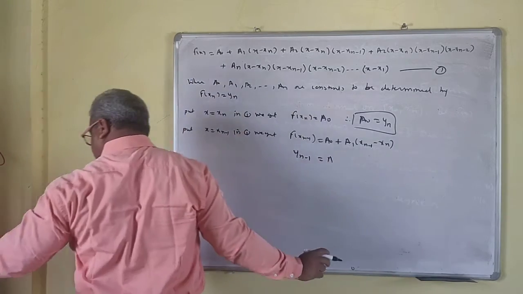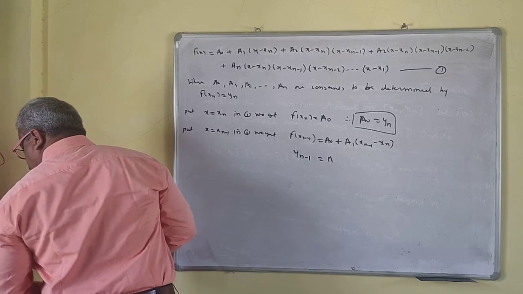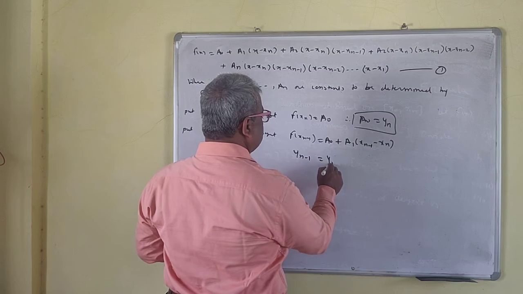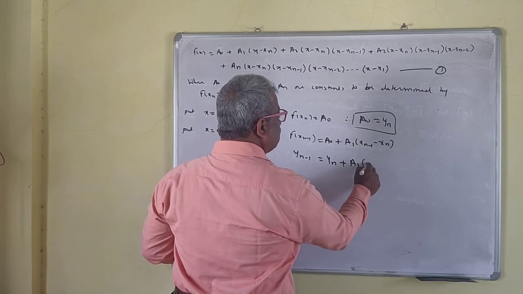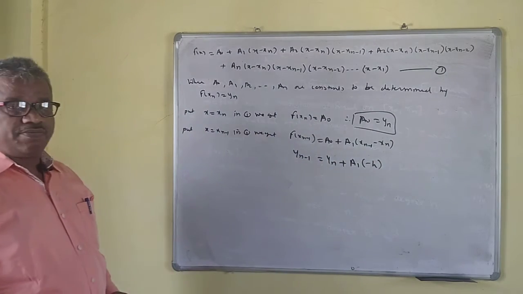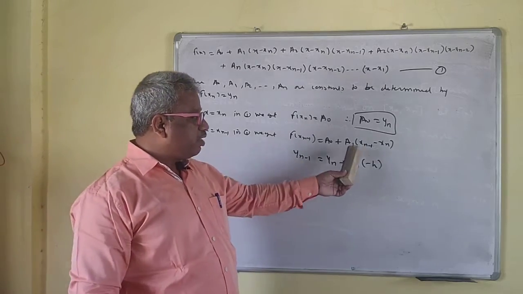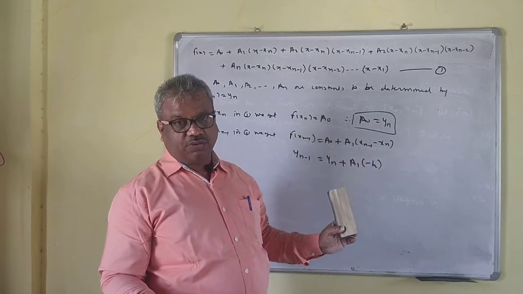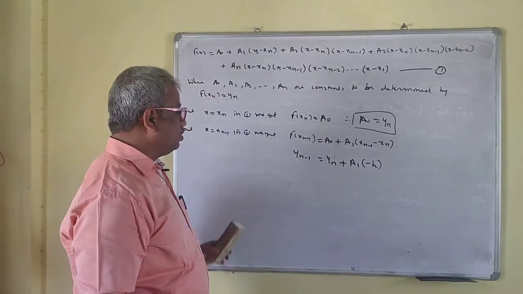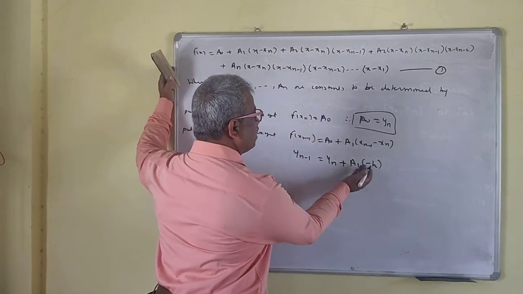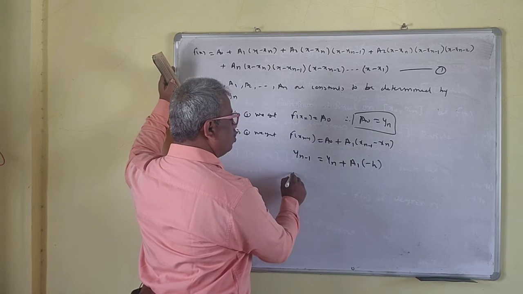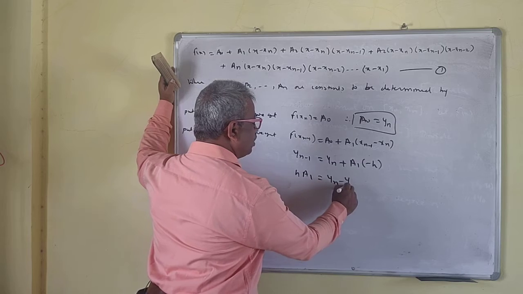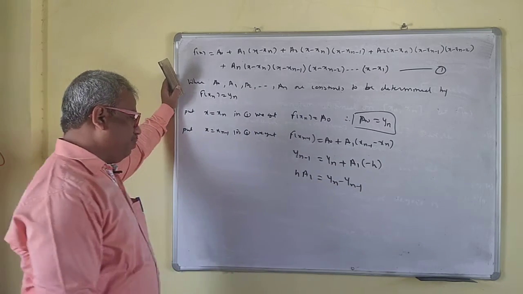This is a0, which is yn, plus a1 into (xn minus 1 minus xn). This is minus h, because the interval between xn minus 1 and xn is h. So we shift yn to the other side, and then h a1 is equal to yn minus yn minus 1.